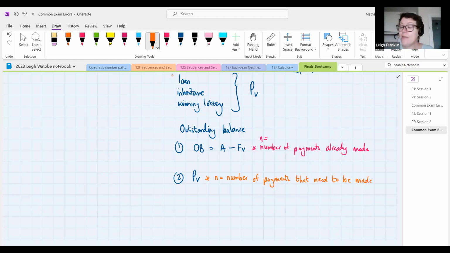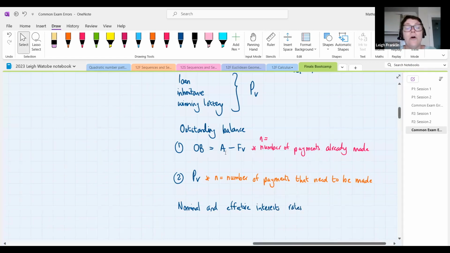Another thing that I had put on that list, which I'll put down here since we're talking about financial maths, is nominal and effective interest rates. Does that ring a bell? It comes up very, very occasionally in matric.